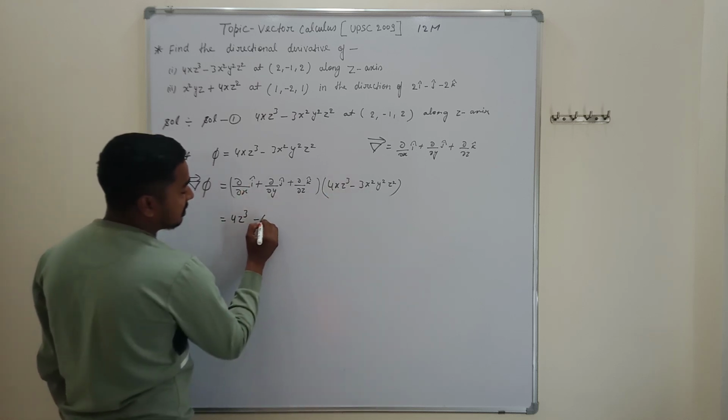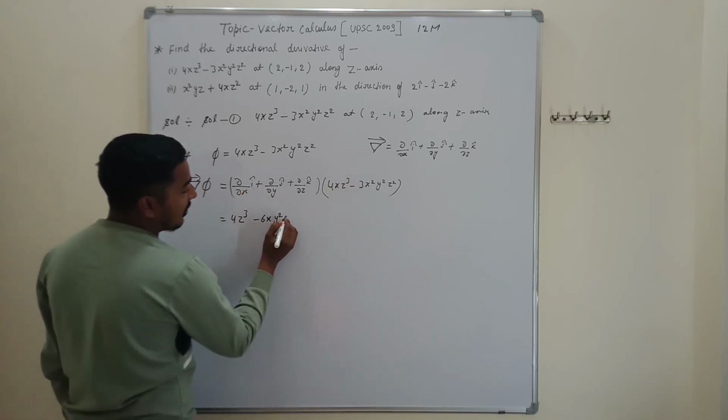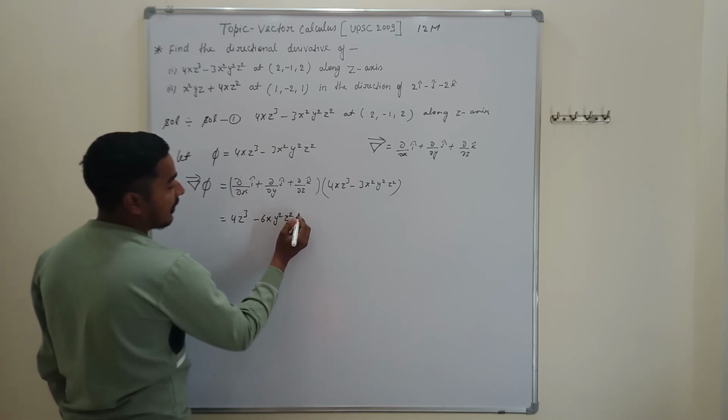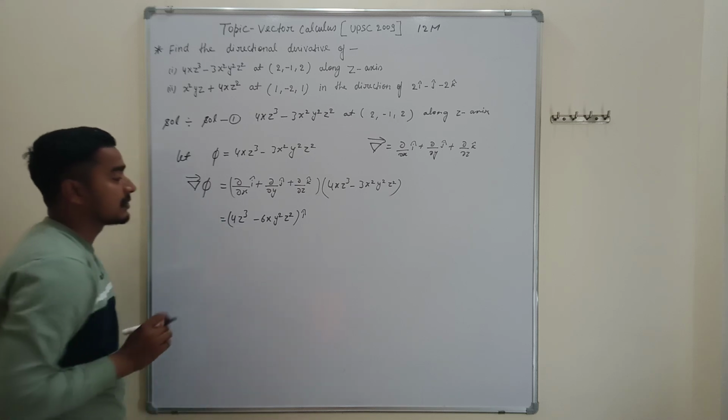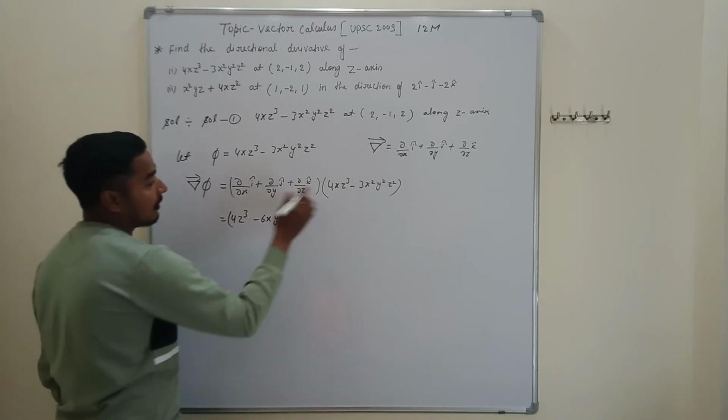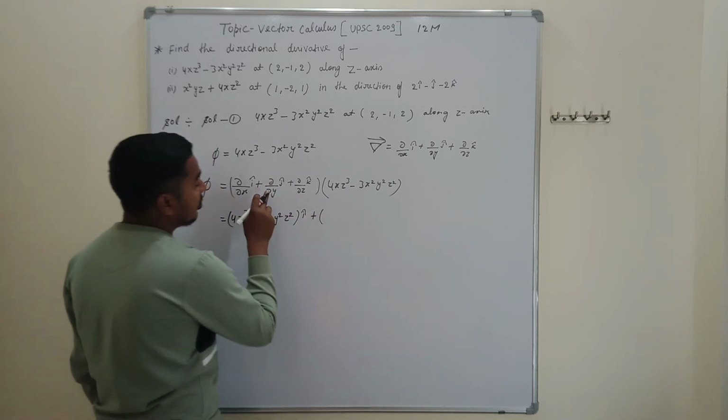This is minus 6xy²z², and this is for i cap, along the x axis.